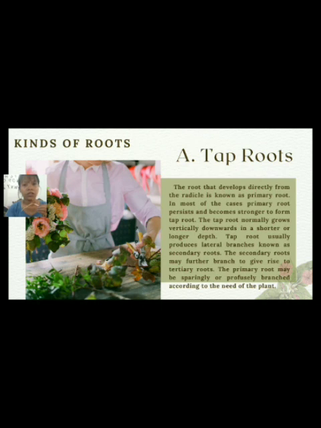They are a large, central, and dominant root from which other roots sprout laterally. It is called taproot because it is a long, thick root that grows straight downward into the soil.